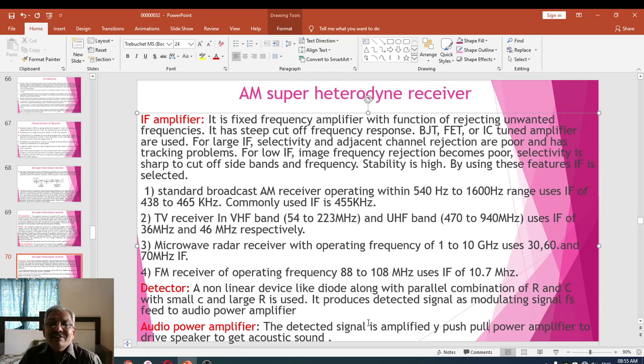The detected signal is amplified by the push-pull power amplifier or complementary symmetry power amplifier, and its output is given to drive the speaker. The speaker converts the audio frequency electrical signal into acoustic sound.